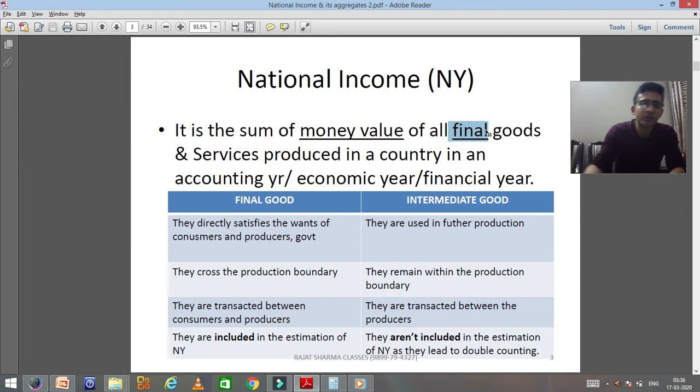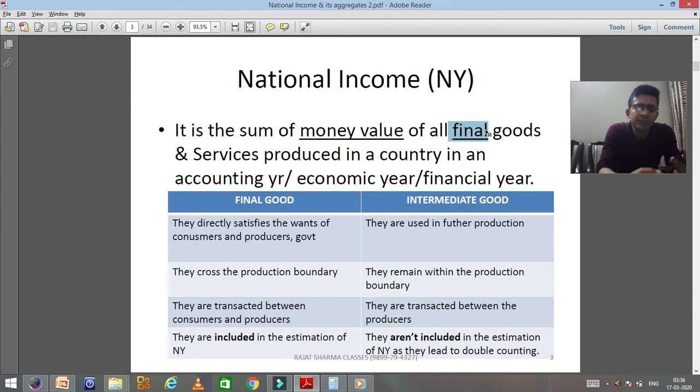Now understand what is final goods. Let me take an example of a mobile phone. A mobile phone, let's say this mobile phone cost rupees 50,000. It has certain elements in this. It has a display, speaker, flash, camera, processing chips, multiple elements.